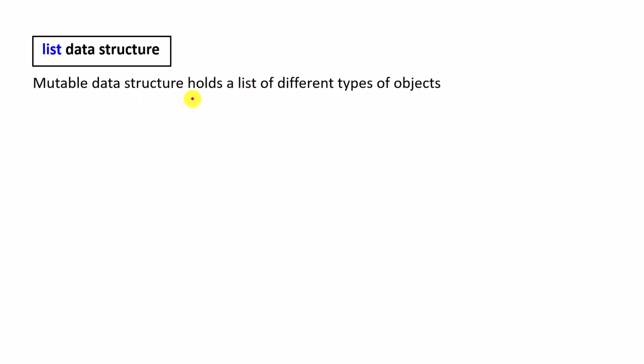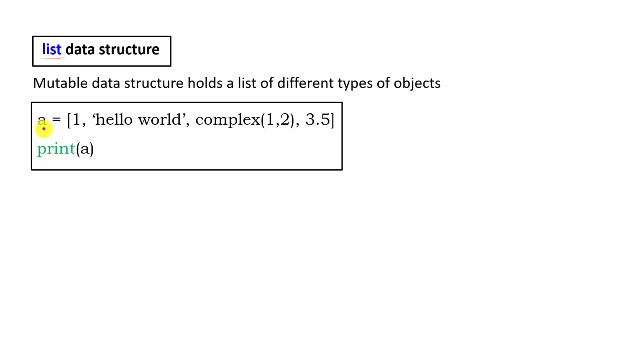Now we come to one of the data structures, that is the list. This is a mutable data structure. By mutable, we mean that the structure may have many data, but we can change one data at a time. That is possible. The structure can hold different types of objects. So for instance, let us say A contains 1, this is an integer, then there is hello world, this is a string, then there is a complex number 1 plus 2j, where j means root over minus 1, and 3.5 is a real number.